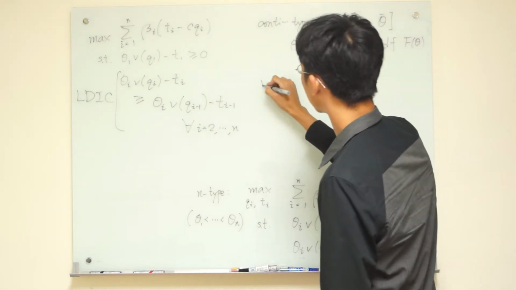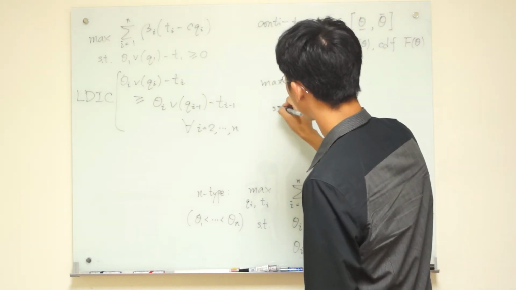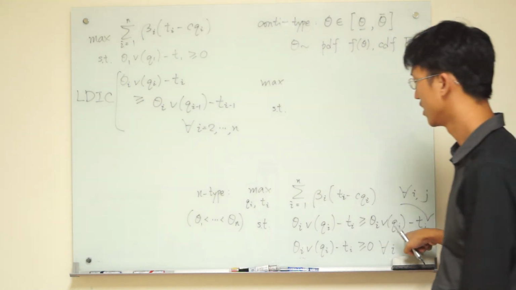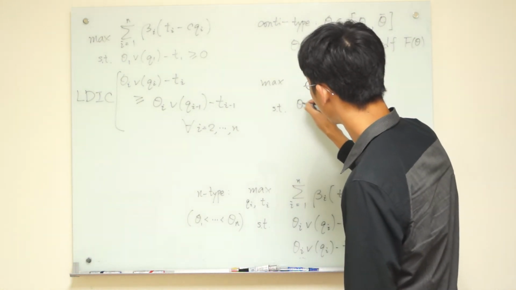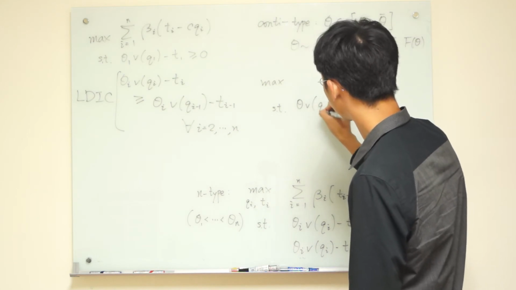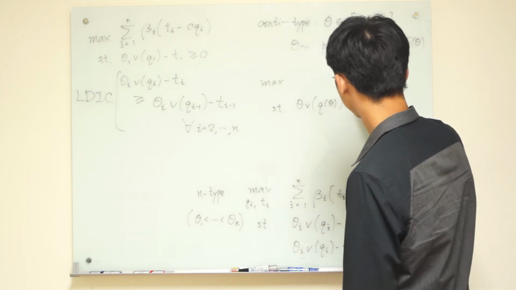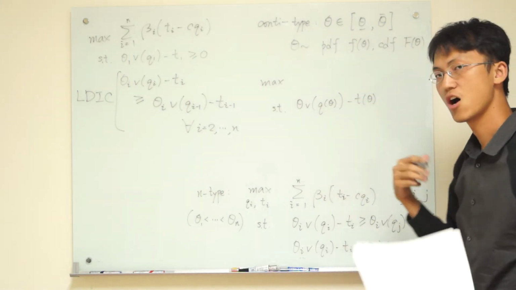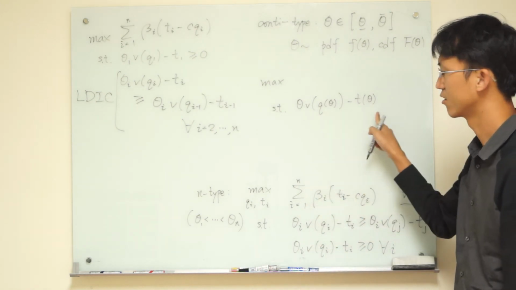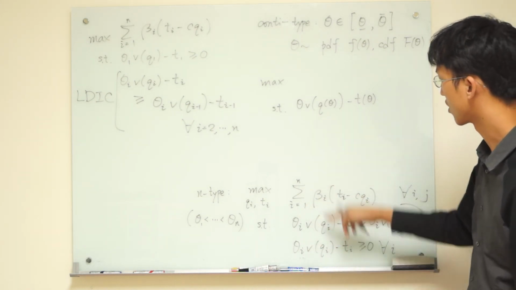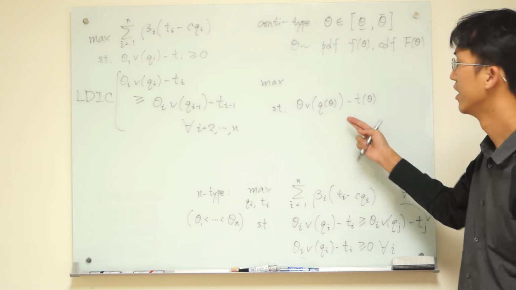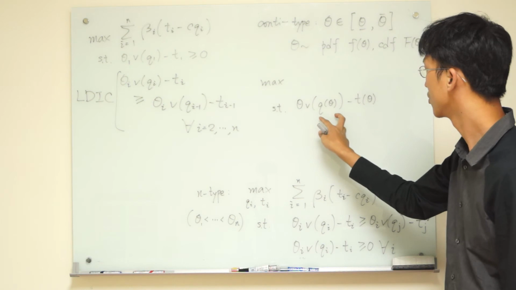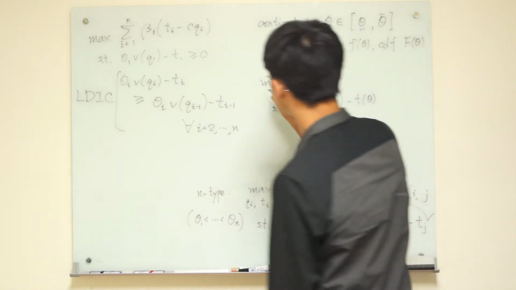So with that in mind, let's write down the problem. First is again the IC constraints. Here I'm going to say that for each theta, if you tell the truth, this is how you will earn when you tell the truth. The key difference from the original one to the new one is that here your decision variables will be Q of theta and T of theta.